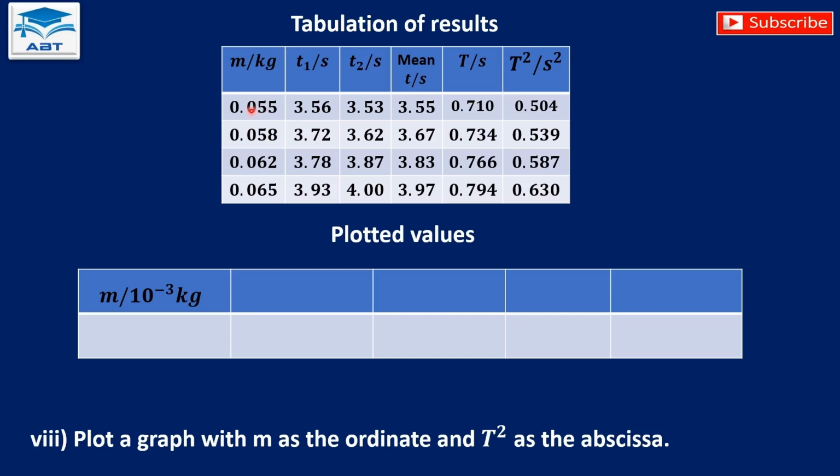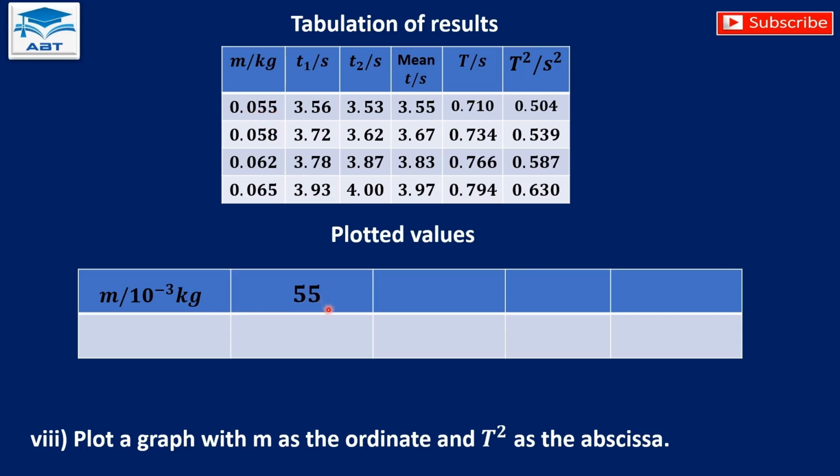So we are going to change it to standard form by moving this point 1, 2, 3 and recording this value as 55 times 10 exponent negative 3 kilogram, meaning 55 times 10 exponent negative 3 will give us 0.055.